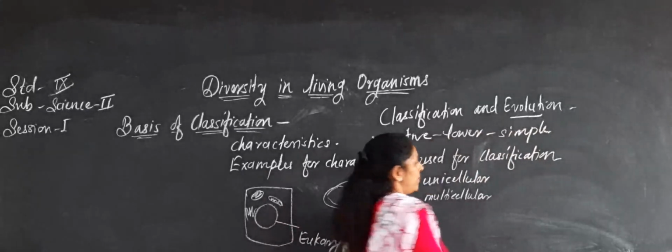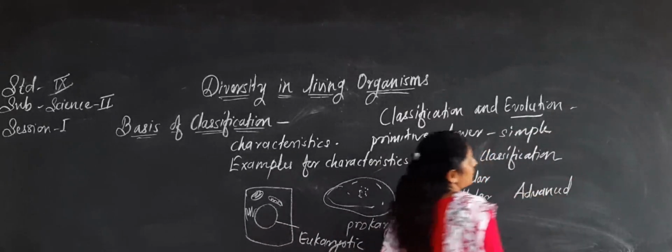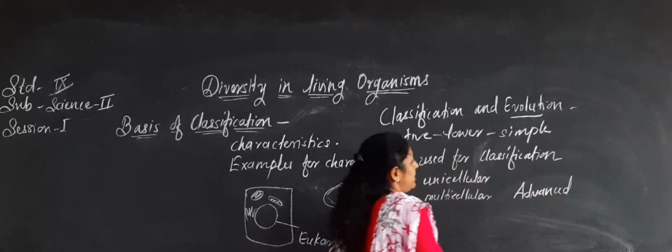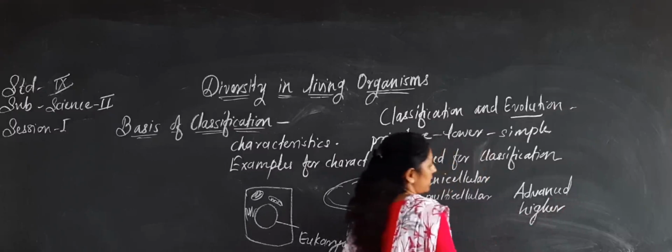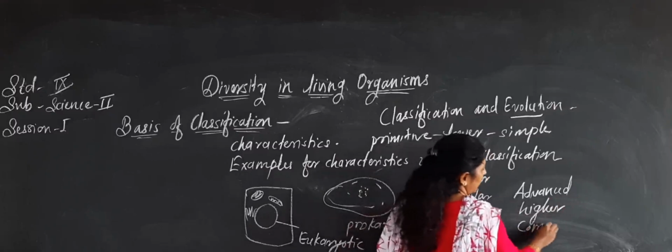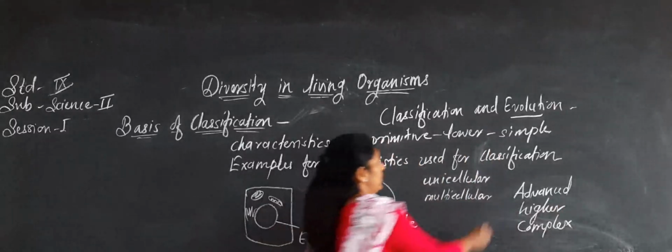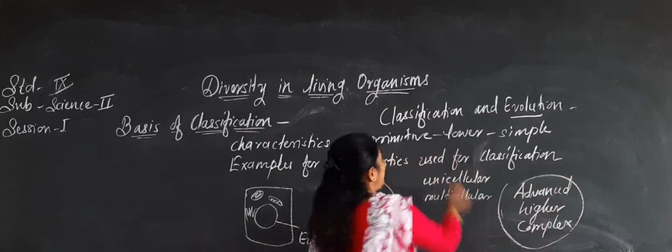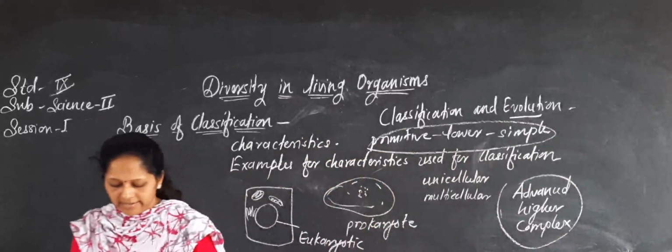An advanced group of organisms, called higher organisms, has a complex body design. So advanced, higher, complex; primitive, lower, simple.